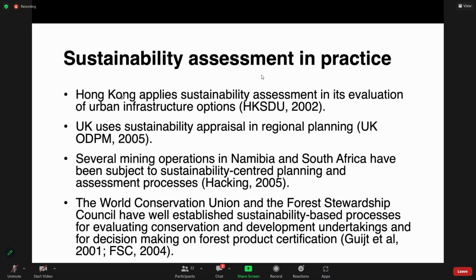In Hong Kong, for instance, they apply sustainability assessment when evaluating urban infrastructure options, infrastructure projects. The UK uses sustainability appraisal, especially when it comes to regional planning. And in Namibia and South Africa, they have tried to use sustainability-centered planning and assessment processes, especially in relation to mining operations.